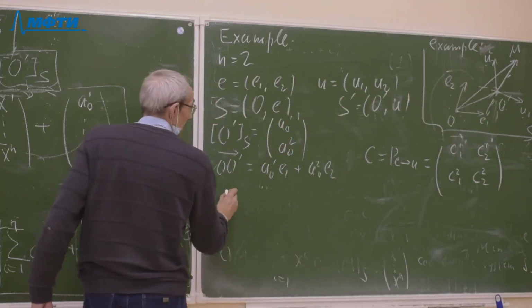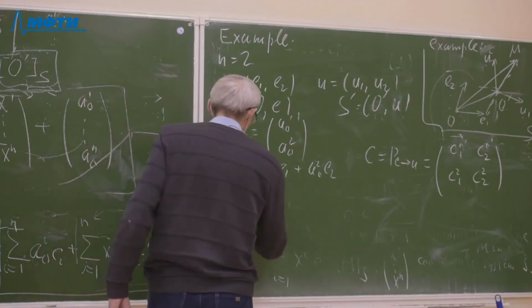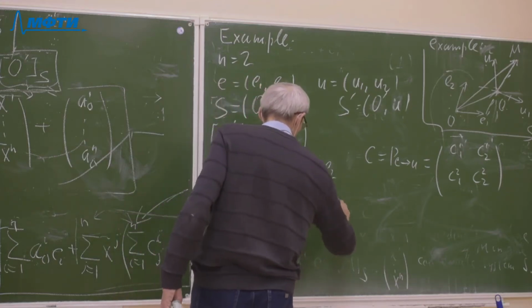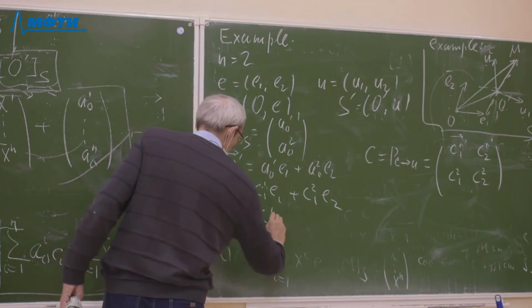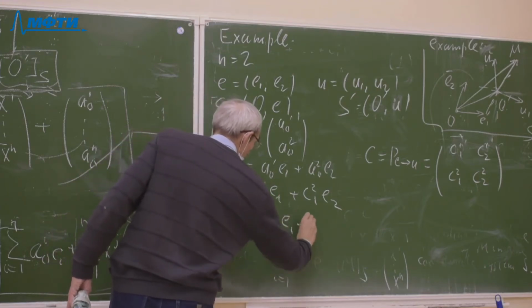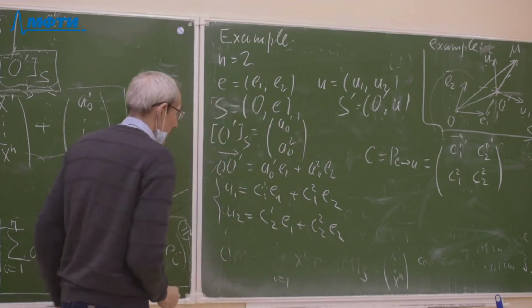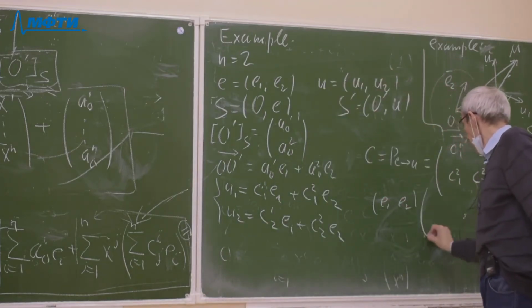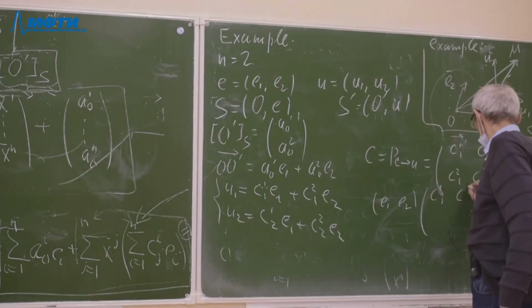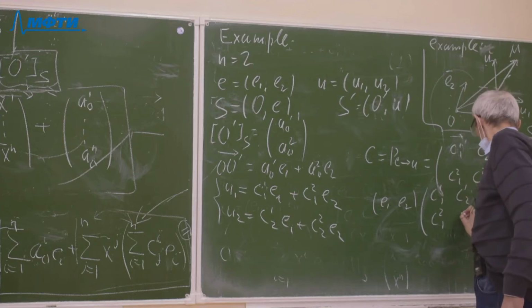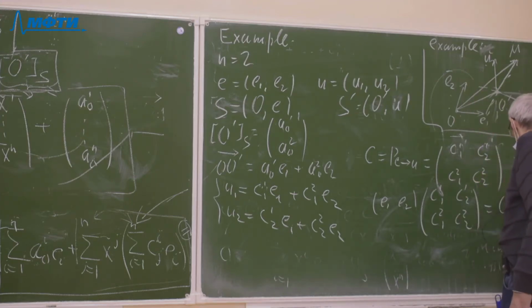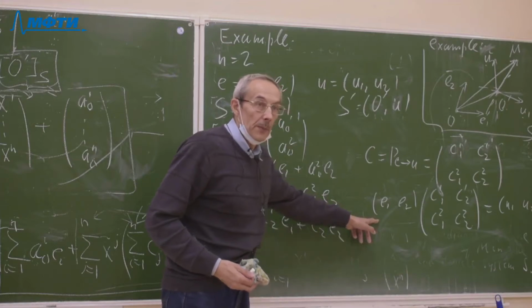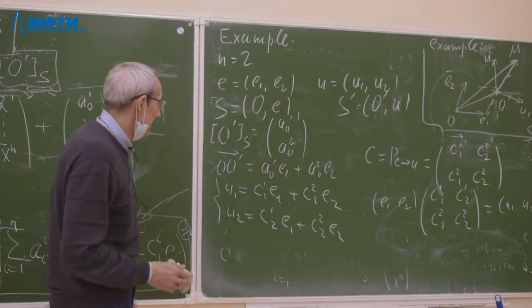And we have the following equality: U1 is equal to, and in the matrix form, this equality we can rewrite in this matrix form. Do you understand this notation? Okay.